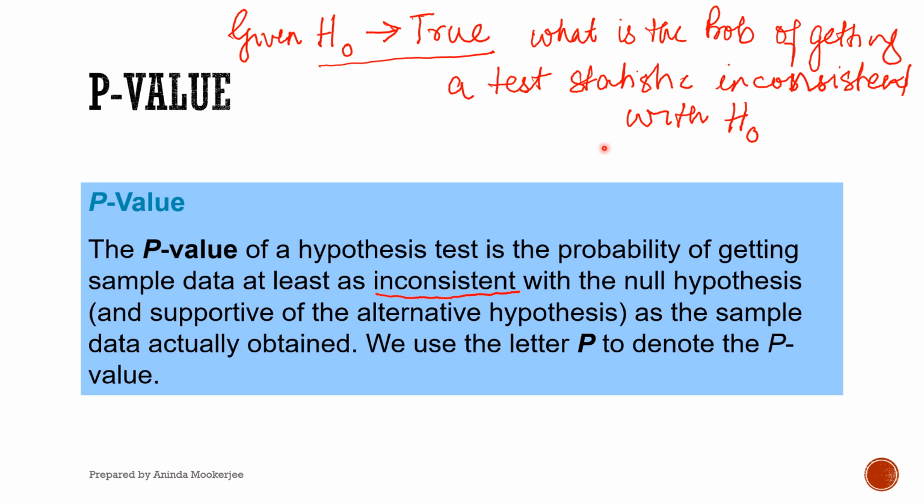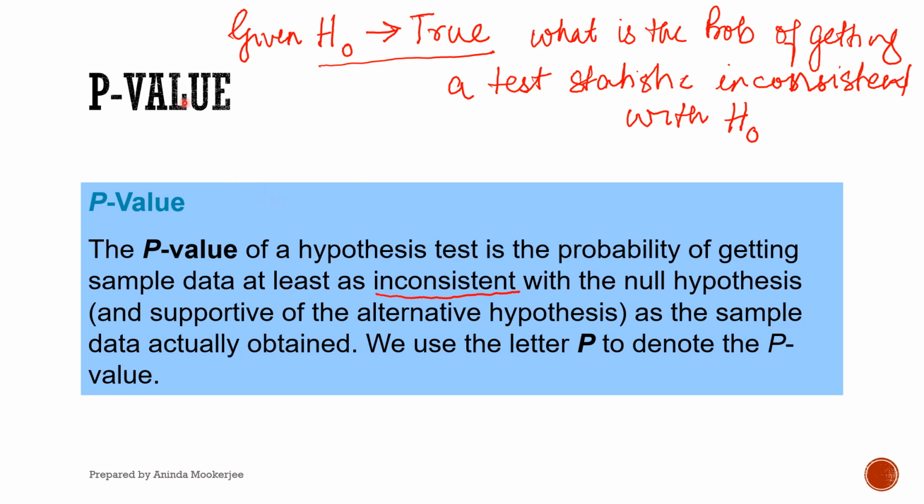I strongly encourage you to watch that video, and they will explain quite well how they decide that the null hypothesis may not be true, based on the probability of getting a test statistic. Please watch it because it will really help you understand the concept behind the p-value.